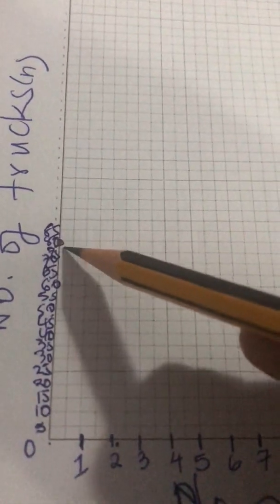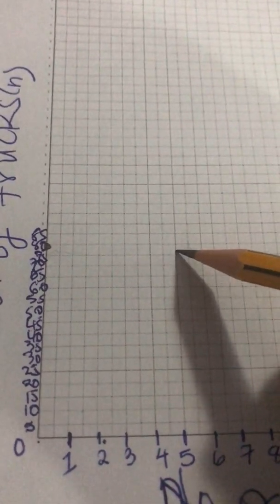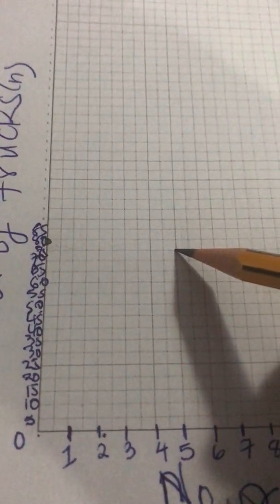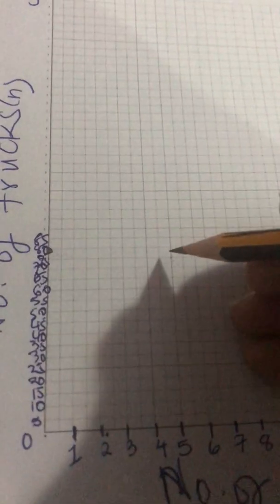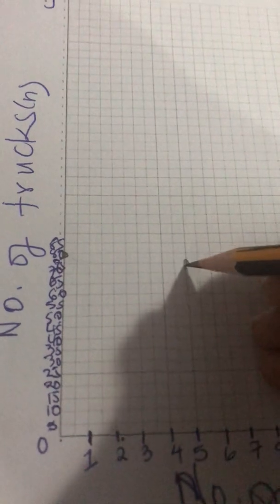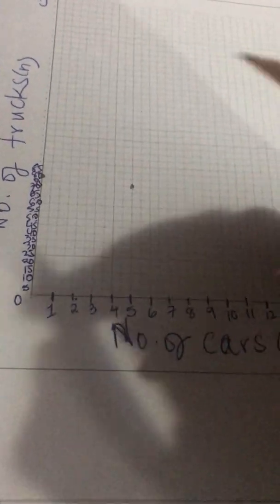Where is 75 here? So 75 and 5, right there. Yes, because 75 is one box from 80. I should have made my numbers a little bit wider.